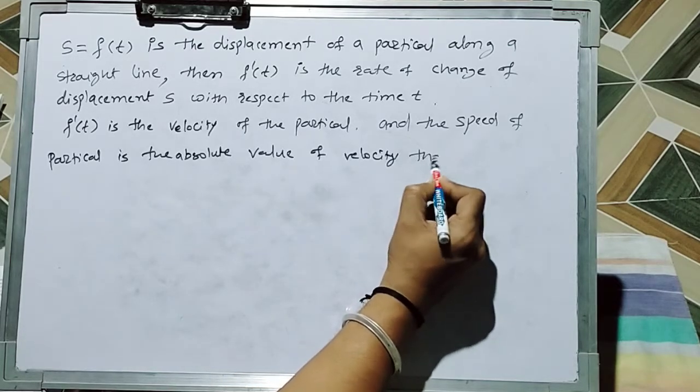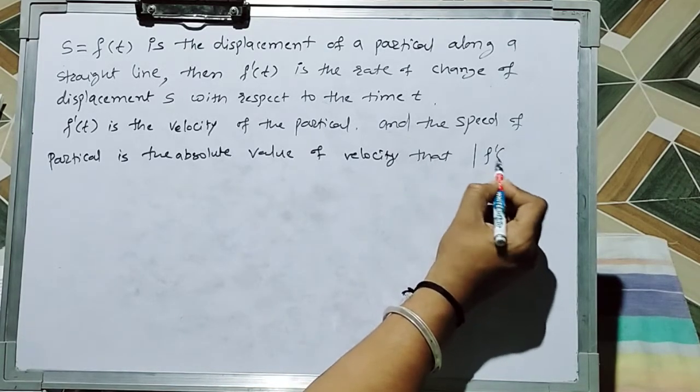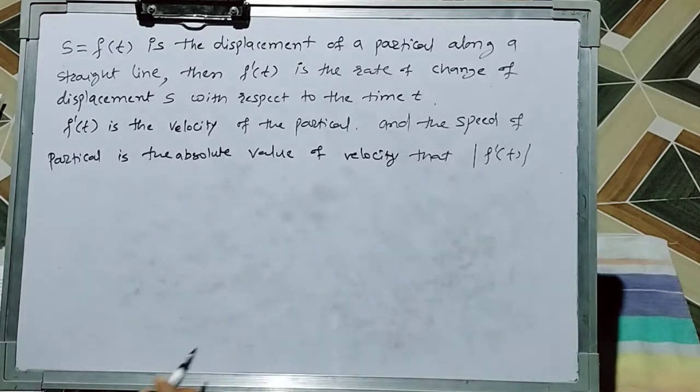So that is the absolute value of f dash of t. It means whenever displacement of a particle is given to us, then the derivative of displacement with respect to time, the rate of change of displacement with respect to time, is the velocity of the particle.